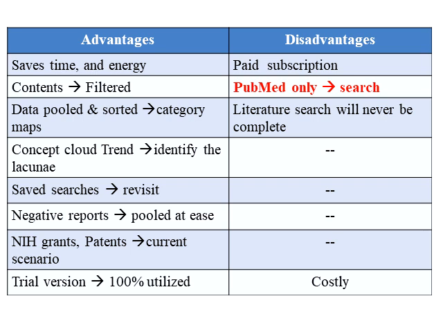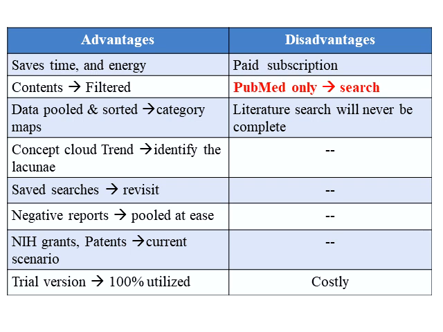Category maps are a very, very essential and needed tool for any researcher before he swims in the ocean of millions of articles. It cannot be complete at all if you are using a PubMed database search. And the concept cloud trend identifies the lacuna. Your research question can be narrowed down to those articles that you wanted from that particular region of the body, disease severity, or industry based.